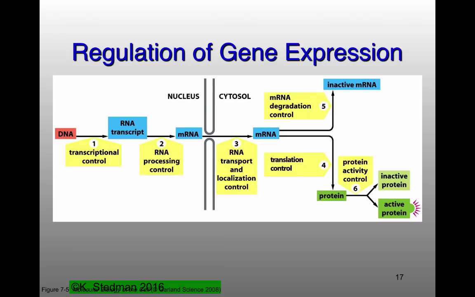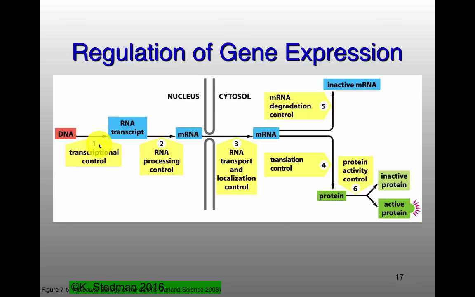Now, when I say downstream in the process, it's not relative to the promoter where you're getting transcription. This is now more of an information transfer process downstream between the DNA that you start with and that final active protein. Again, the first thing that happens here is control of transcription. Why?